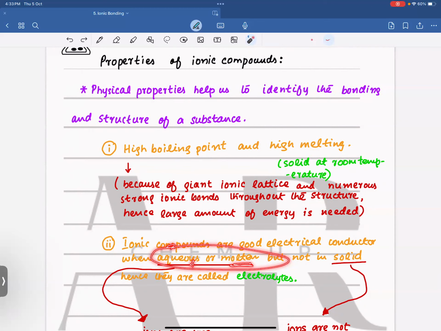So in both these states, ionic compounds are good conductors of electricity, and in solid they do not conduct electricity. That's why we don't call them conductors, but electrolytes. Electrolytes are those which conduct electricity when they are in their molten state, which means melted state, or when they are dissolved in water, the aqueous state. Okay.